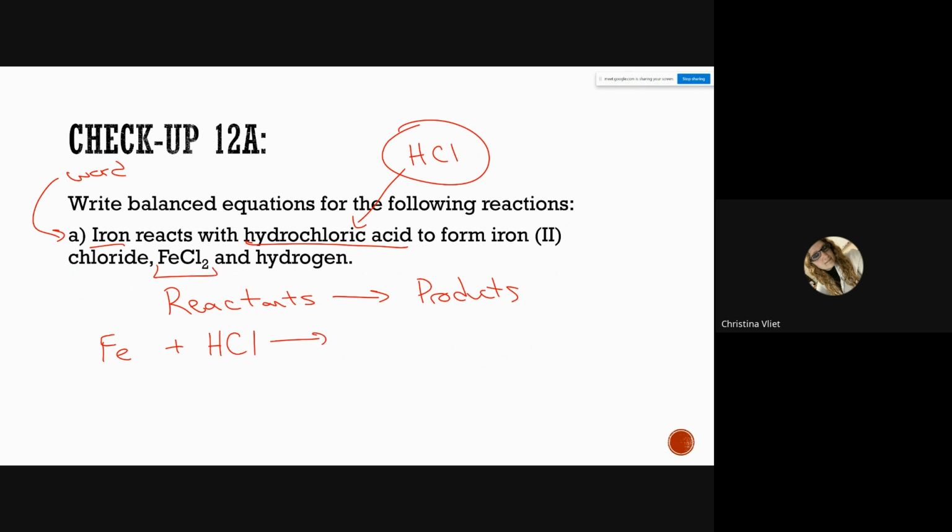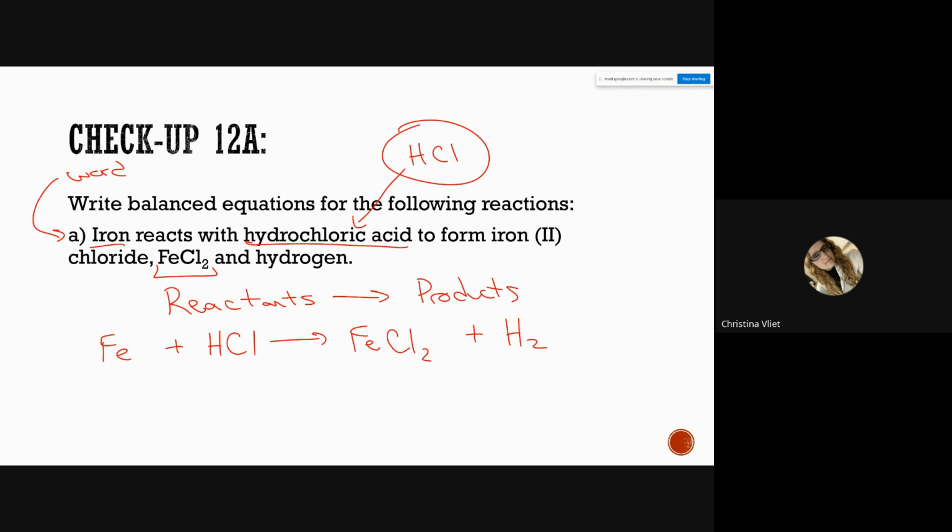They tell us it's FeCl2, iron 2 chloride, but you could have figured that out. FeCl2, and what's the other product? H2, plus hydrogen. How do I know how hydrogen exists? It's diatomic, right? You've got to memorize that hydrogen is one of your diatomic elements, it's one of the 7.